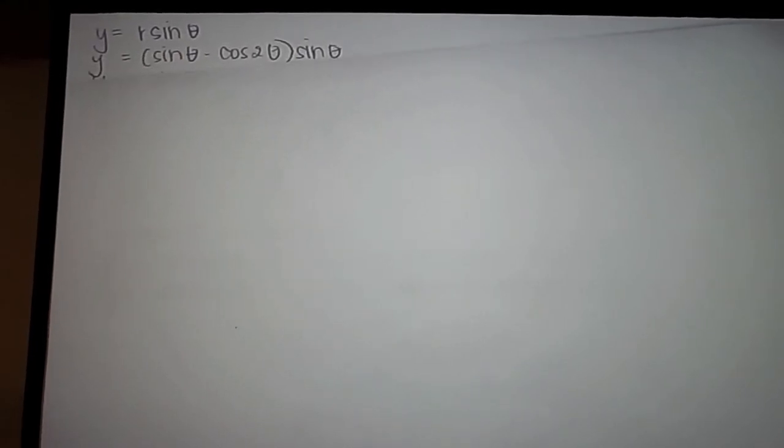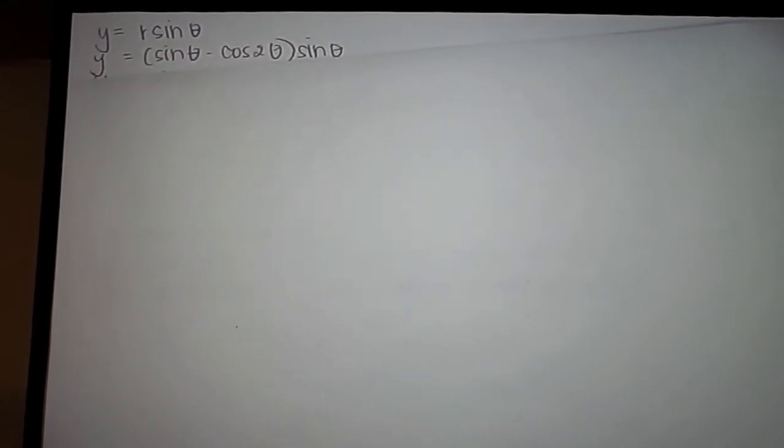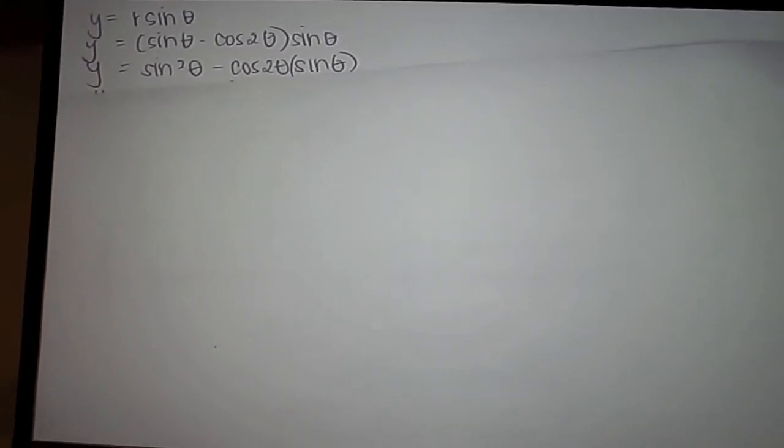So for y, we know it's y equals r sine theta. We plug in the r. y equals sine theta minus cosine 2 theta times sine theta. We distribute the sine theta. It'll be sine squared theta minus cosine 2 theta times sine theta.